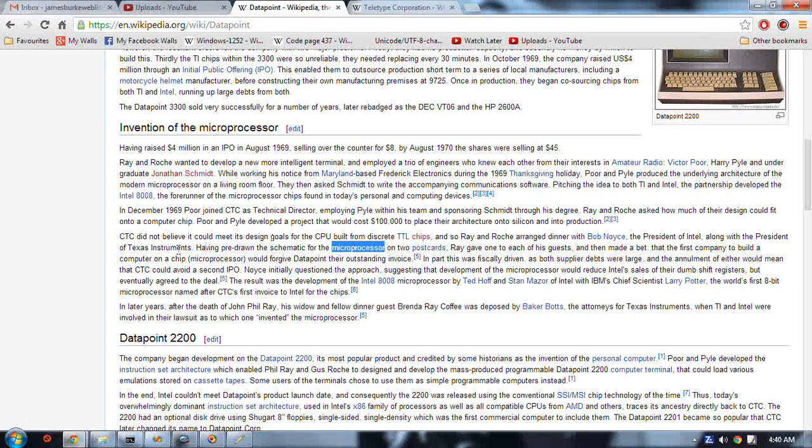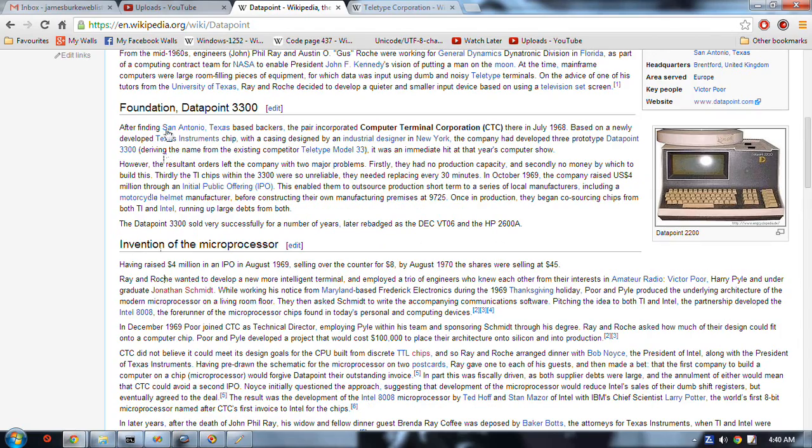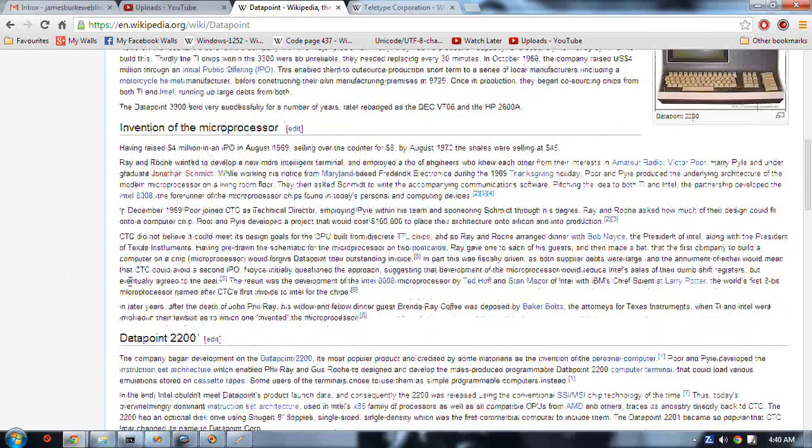The first company to build a computer on a chip would forgive Data Point their outstanding invoice. I guess Data Point was part of CTC. That would give them a real break, right? They were really highly in debt.